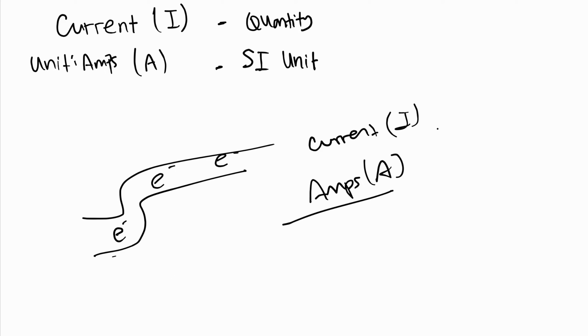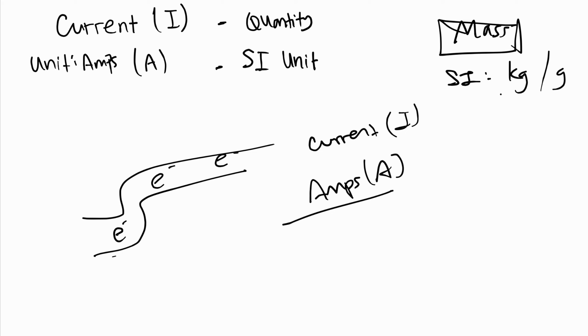So for example, mass is just the idea of the weight of something, right? The SI unit for mass is kilograms or grams, whatever. It's just the unit used to measure your quantity.